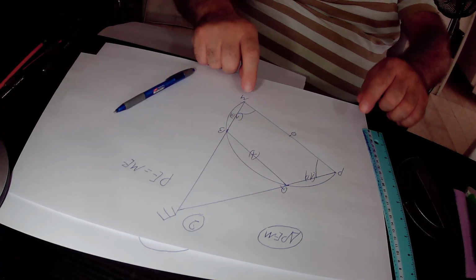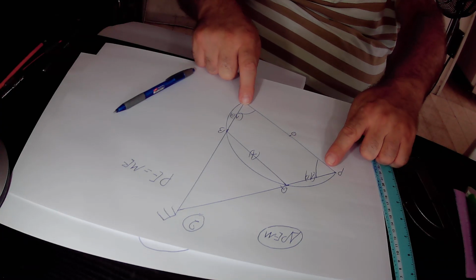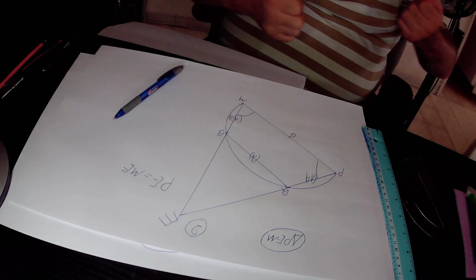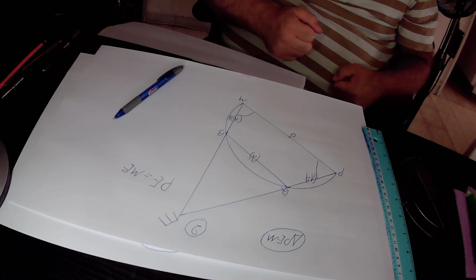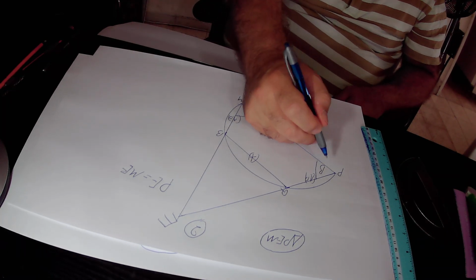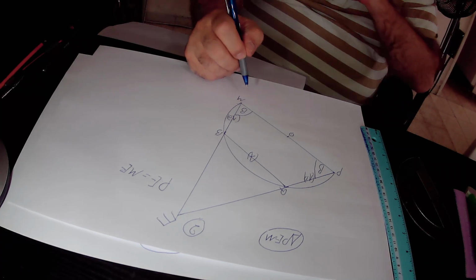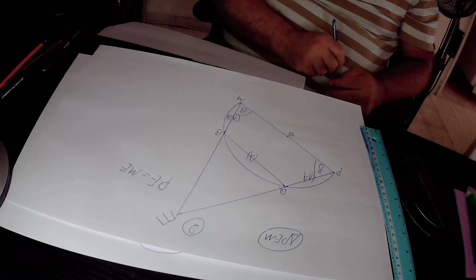Because those two angles are located in front of those two equal sides, they must also be equal to each other in their sizes. So if the size of this angle is beta, then the size of this angle must also be equal to beta, according to the rule that I mentioned. Okay.